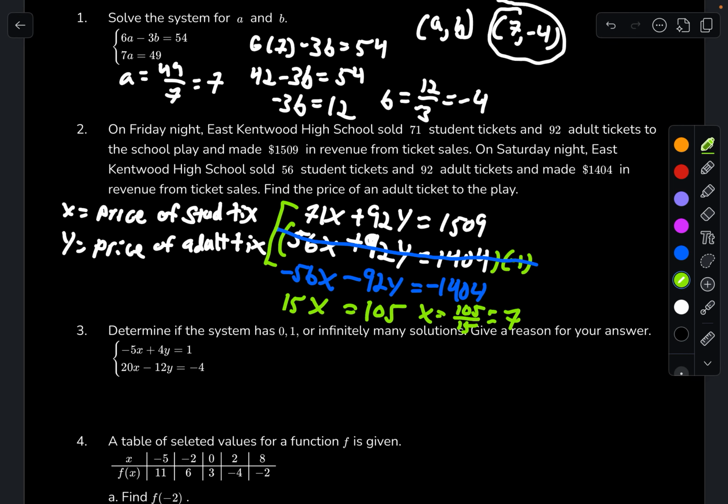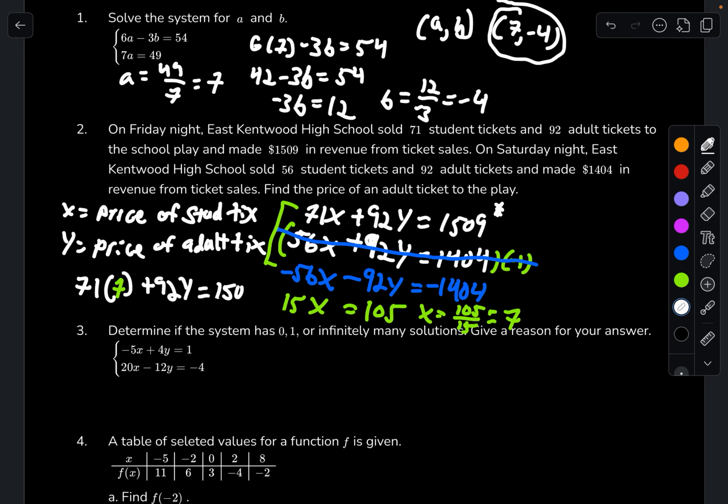That means the cost of a student ticket is $7, but we don't really want the student ticket cost. We want to solve for Y, the adult ticket price. So we can substitute x equals 7 into the top equation. That was 71, now it's x, but x was 7, and now plus 92y. And that's got to equal 1509.